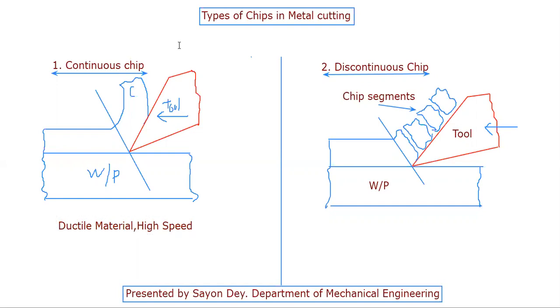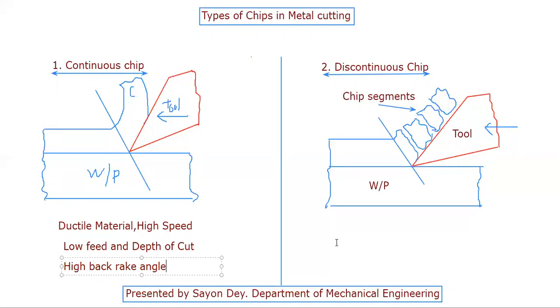I have already discussed this feed and depth of cut in my machining video. I'm not going into detail. Next, high back rake angle. I've already shown the back rake angles in the tool geometry in my previous video, that means the metal cutting.